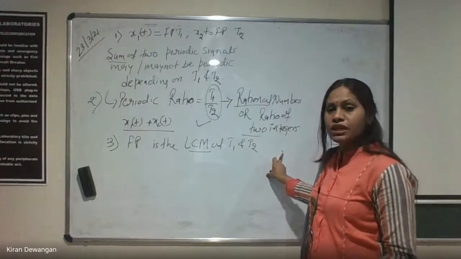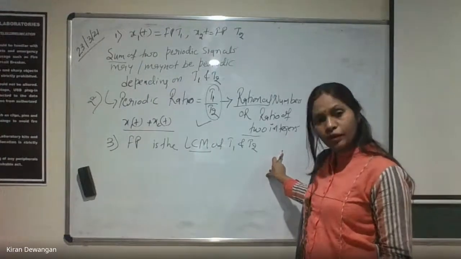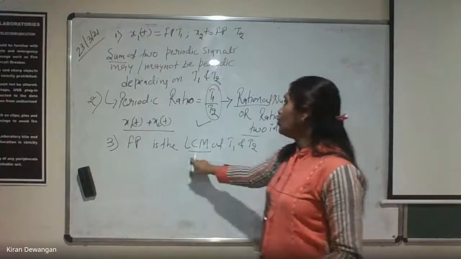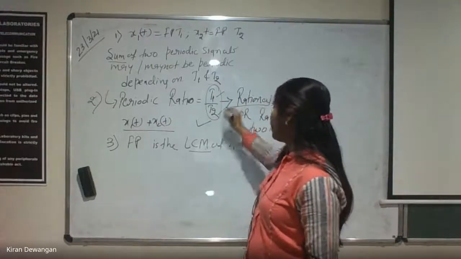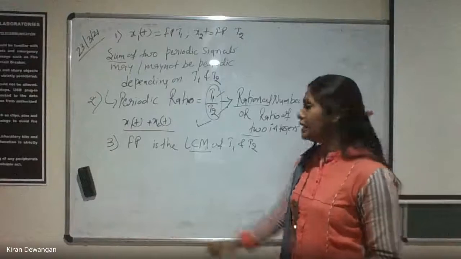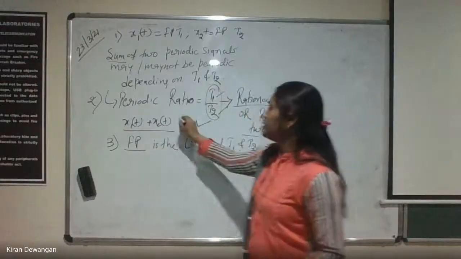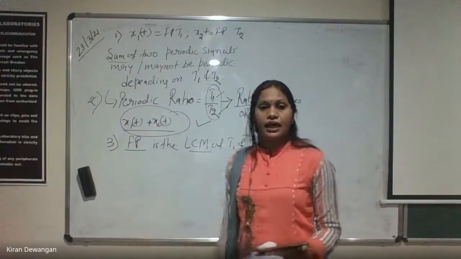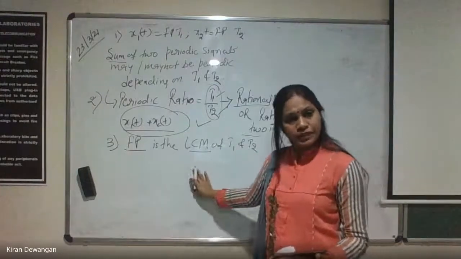It will be the least common multiple of 3 and 4, that is 12. Correct. So we have to take the LCM of T1 and T2. That will be the fundamental period of x1(t) plus x2(t). Clear? The concept is clear, right?